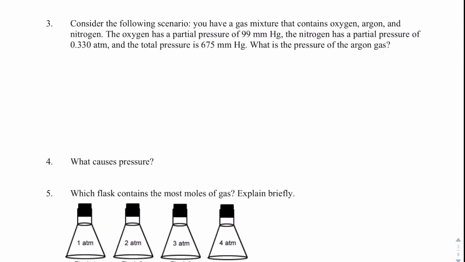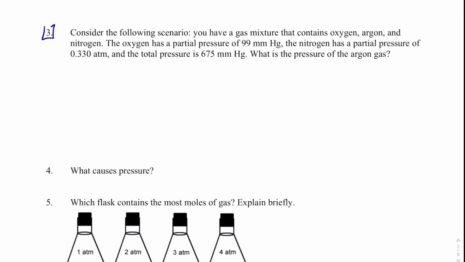So in question 3, this is Dalton's law of partial pressures, and what it states is that the total pressure of a gas mixture is just equal to the pressure of gas 1 plus gas 2 plus however many gases there are. The only thing that's kind of tricky with this question is it says that we've got oxygen, argon, and nitrogen.